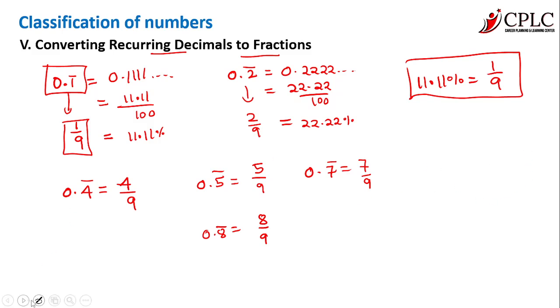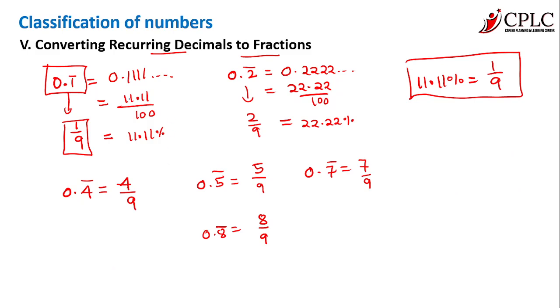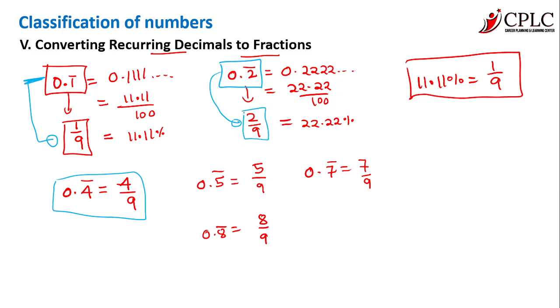The reason to do all these examples is that going forward we have to remember a simple rule: if you wish to recur a single digit, all you have to do is divide that digit by 9. Let's say you want to recur 1, divide 1 by 9. You want to repeat 2 infinitely, divide 2 by 9. You want to repeat 5 infinitely, divide 5 by 9, and so on.